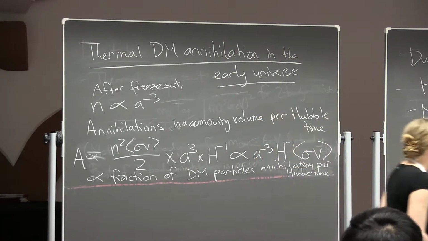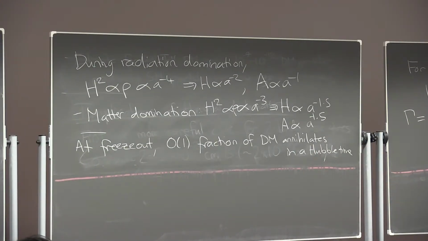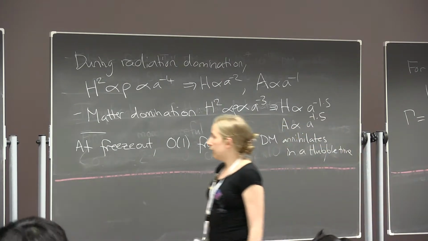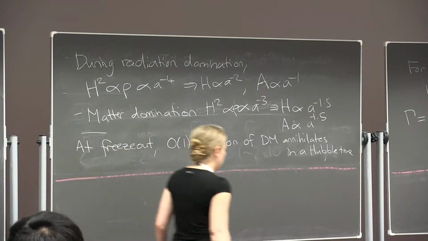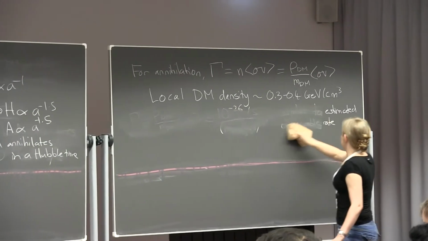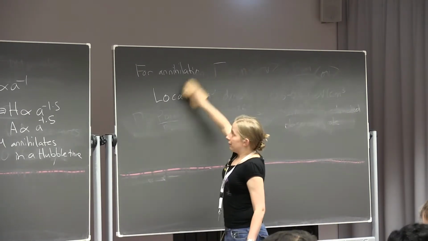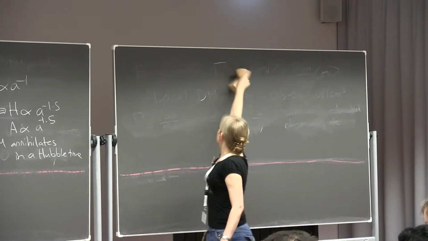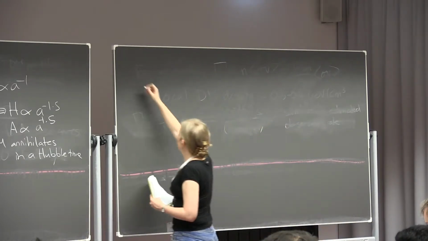Okay, so now that we know this scaling, and we know that at freeze out this fraction is roughly 1, we can figure out quickly at any subsequent time roughly what fraction of dark matter is annihilating away within a Hubble time. So you learned about various important epochs in the history of our universe back in the cosmology class last week.